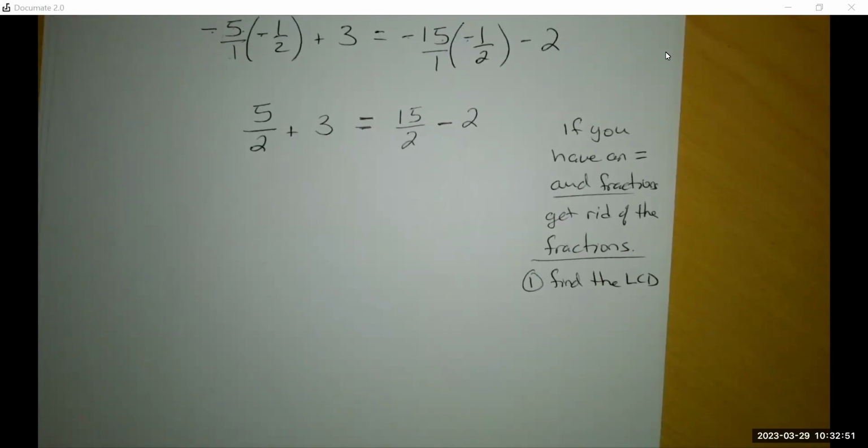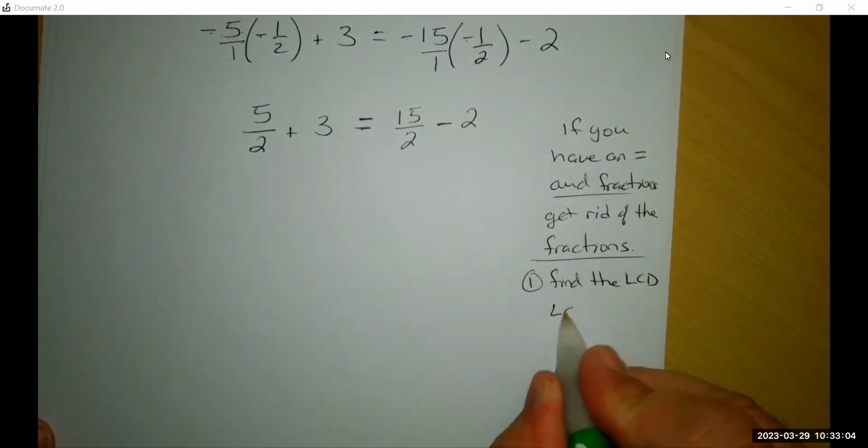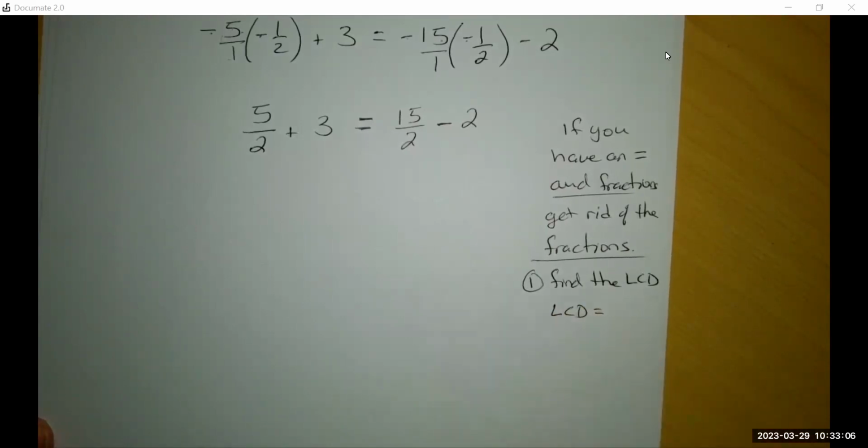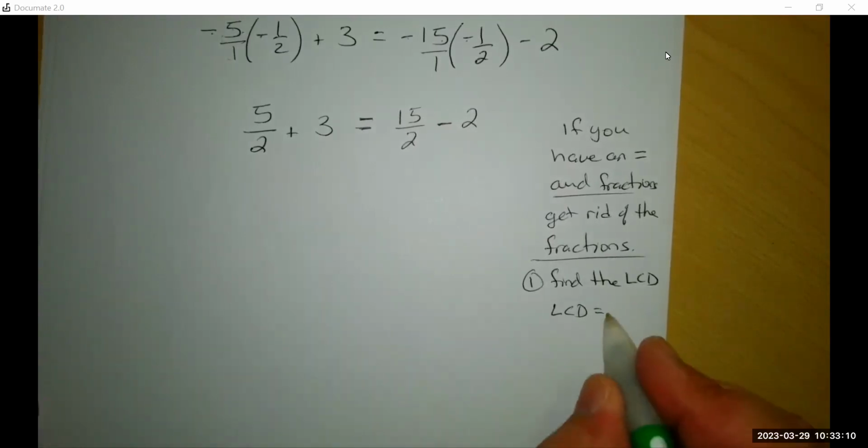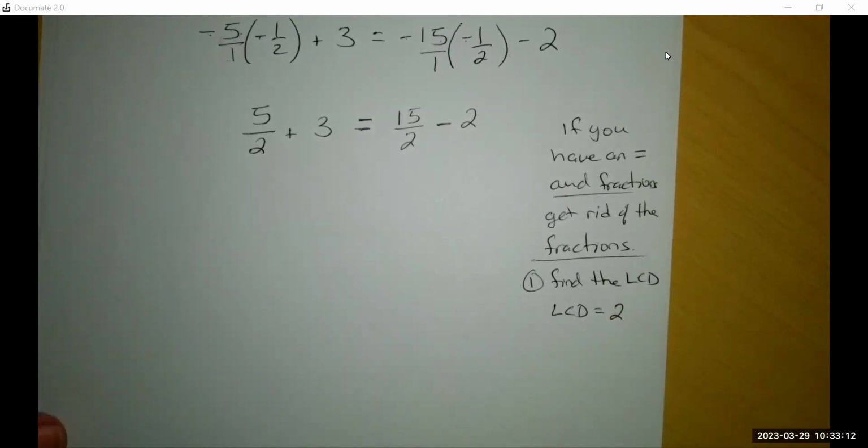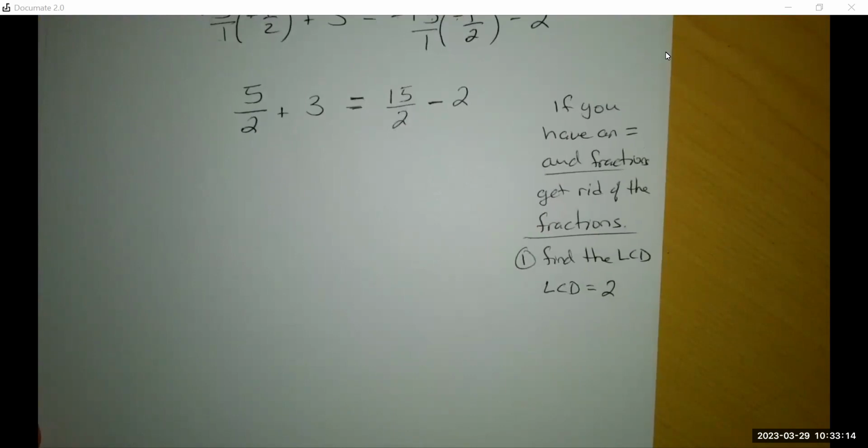What's the least common denominator of our equation, on both sides of the equal sign? Denominator is the bottom number. It's the only one we have. It's 2. So first off, find the LCD. In our case, it's 2.